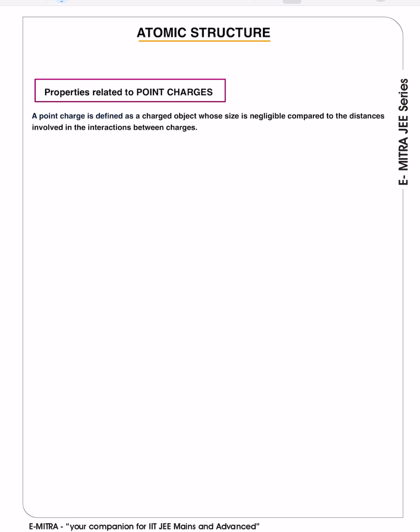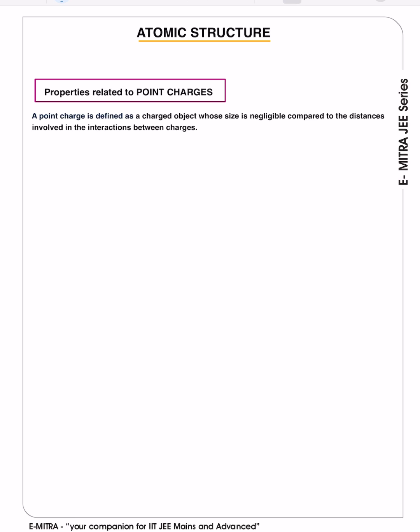Point charges are actually very small charges. Small, so how small? That small that it is significantly small as compared to the distance at which it is kept from the other charge.